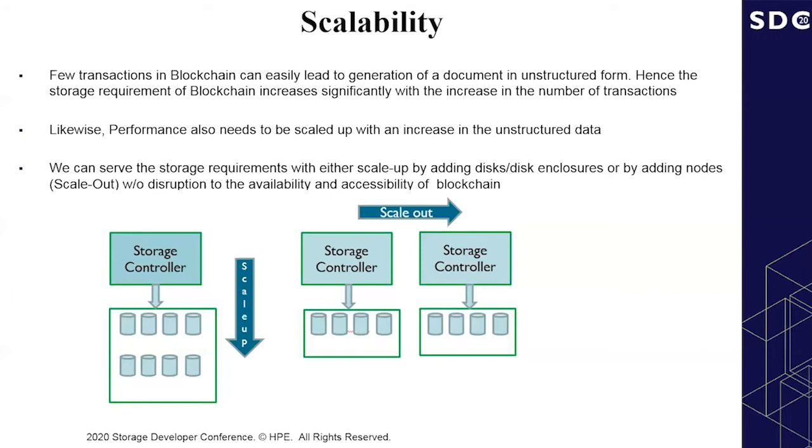We can serve the storage requirement either by scale up, by adding disks and disk enclosures, or by just adding nodes. That is what we call scale out, without disruption to the availability and accessibility of the blockchain, which is required very much.